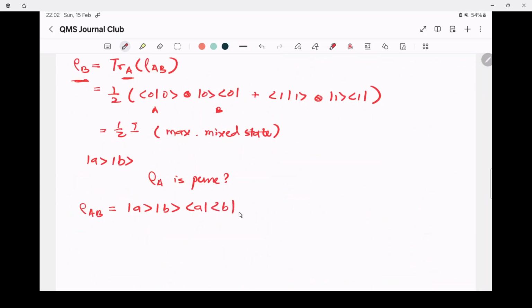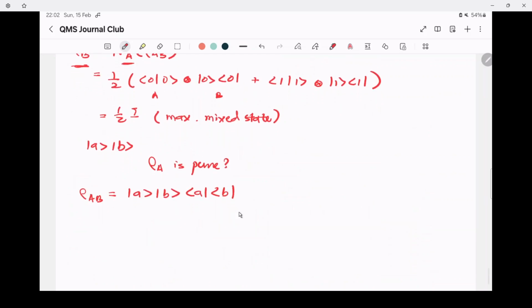Something like this. Then you can separate out between A, B over here. So I can write A tensor with B, B. Then the third thing you need to do is to partial trace out B. And as you can see, you get something like this.